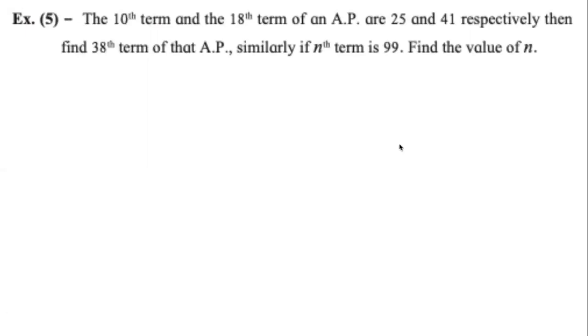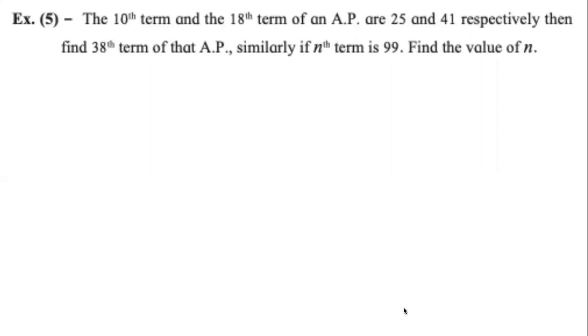This is another example question where we'll have to use linear equations. The 10th term and 18th term are given. So T18, T10, we can find, and we will have linear equations and we will solve them. Whatever we have studied in class 9 and in chapter 1 of Maths 1 this year will be required.